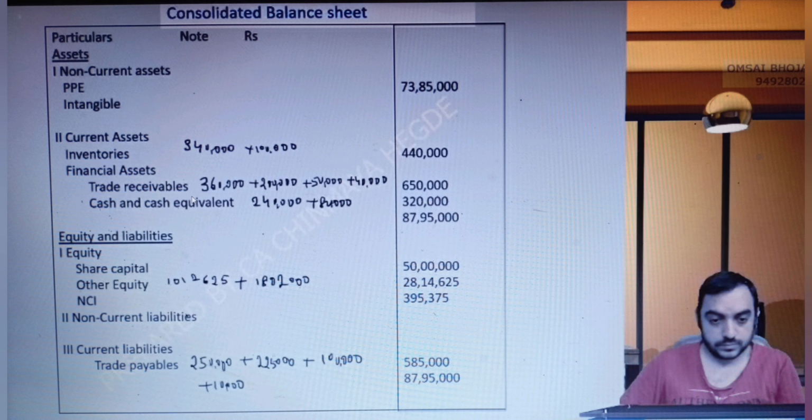Land and building, holding company. We had adjustments we have done. 4,40,000 is the fair value adjustment, and depreciation we subtracted, that is 10,000.